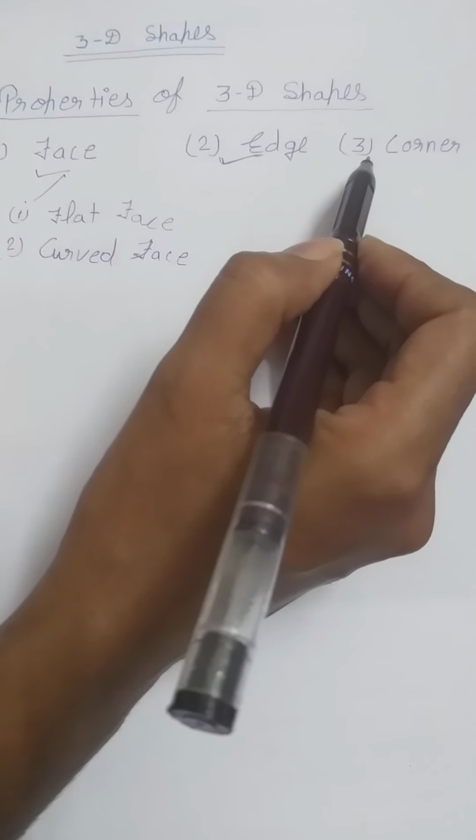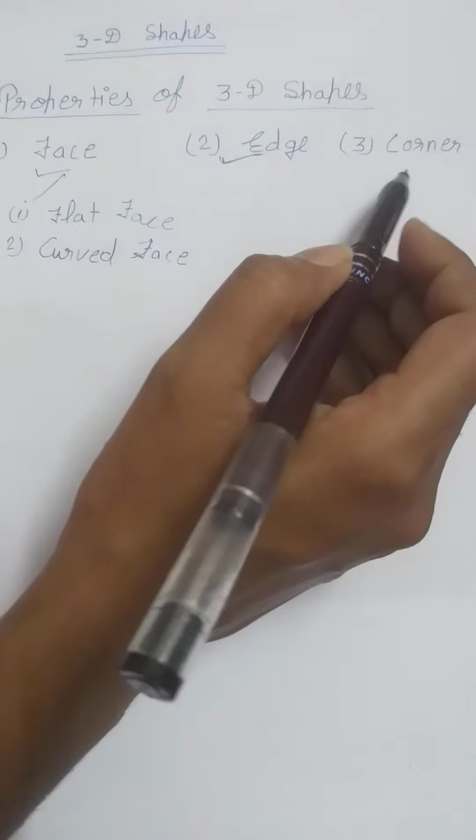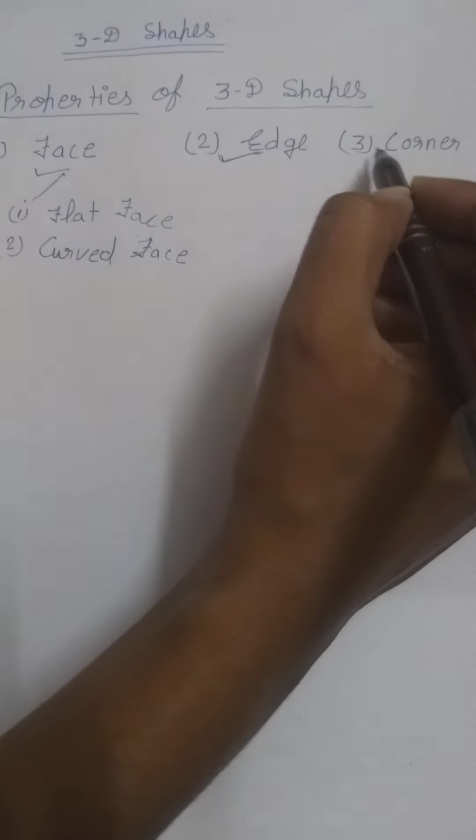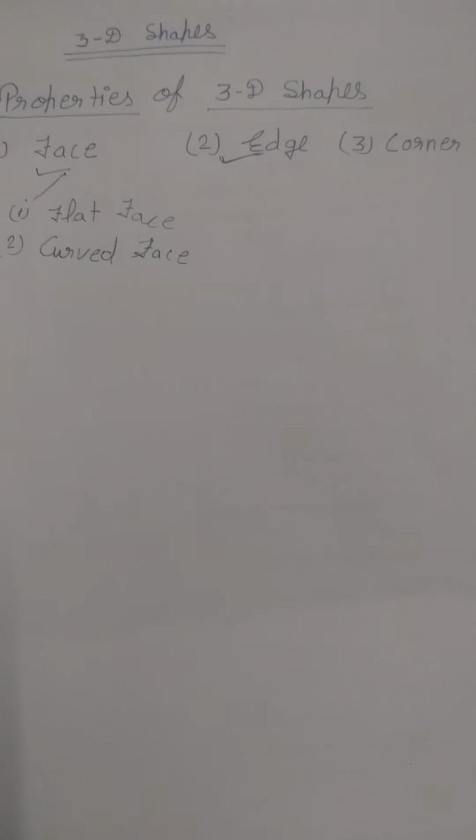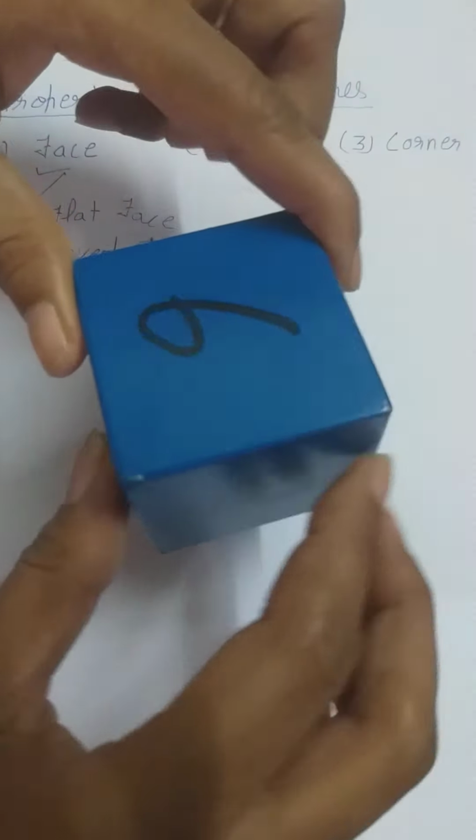Next, corner. I think you know what the meaning of corner is. A point. So what is the definition of corner in 3D shapes? Let's see. Now you understand about the edges.